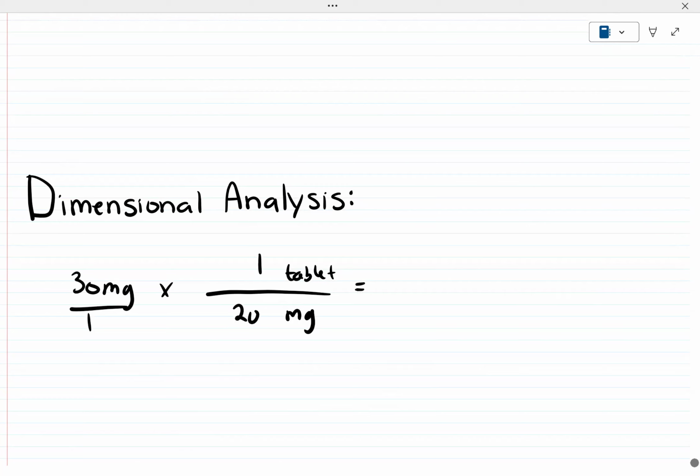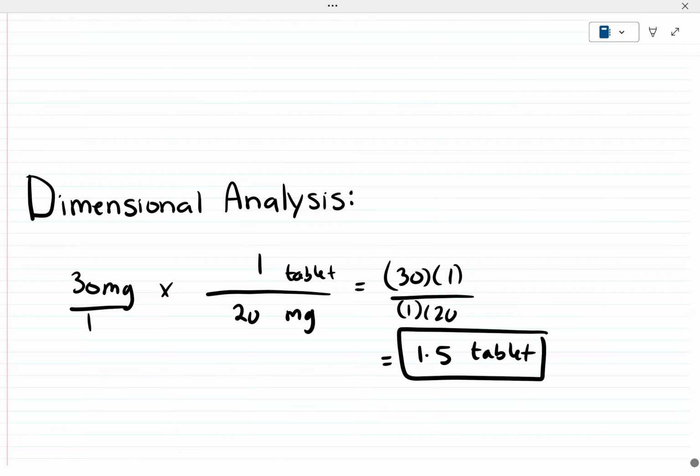So 30 times 1 over 1 times 20 gives you 1.5 tablets. It says round to the nearest tenth, so you don't have to round it higher. So it's 1.5 tablets.